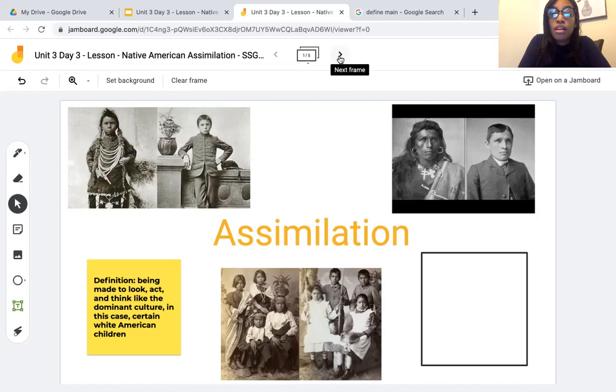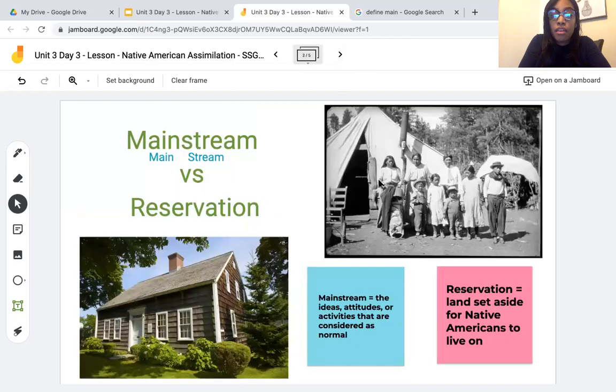And then as you go on with this interactive glossary, you want to make sure that, again, you use pictures that are purposeful. And I'll explain these. So here we have a typical reservation, right, with a tent. And here you have a home.